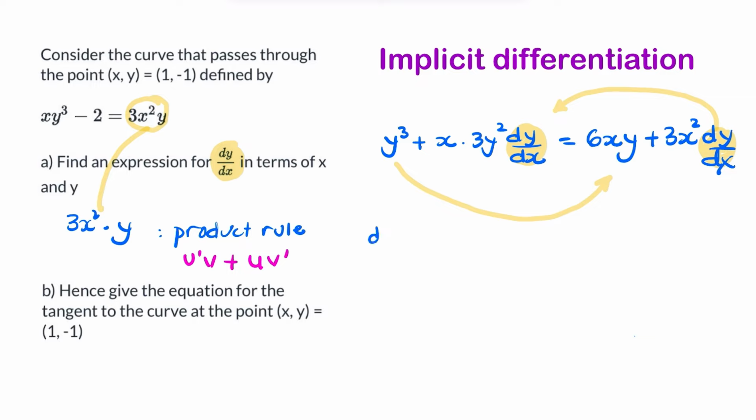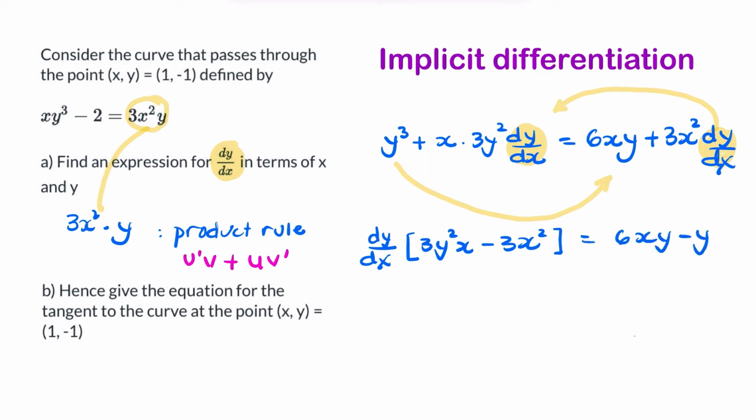If I take dy by dx as a common factor, you have dy by dx into 3y squared x minus 3x squared. That's negative because this was positive, and when you subtract it from both sides, you end up with a negative.